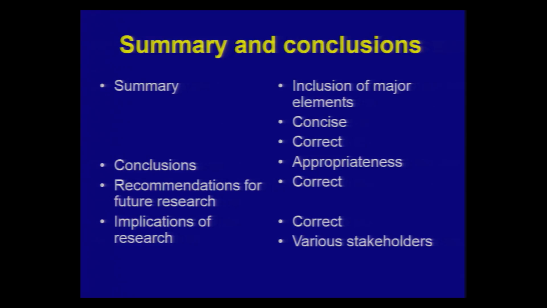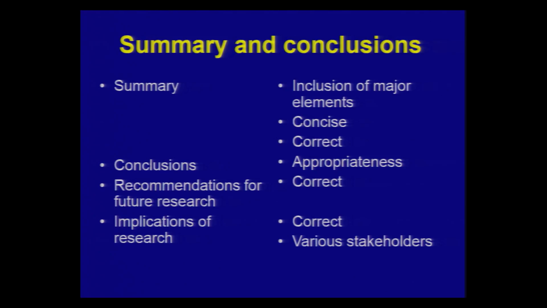So one has to look into whether the major elements of the report find a place in the summary, whether the summarization is brief and concise. It cannot again run into pages as you have included in the report. It has to be smaller in number. Then the correctness of presentation of the data and the information.